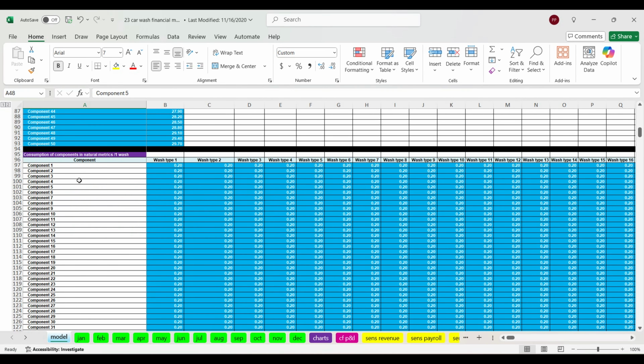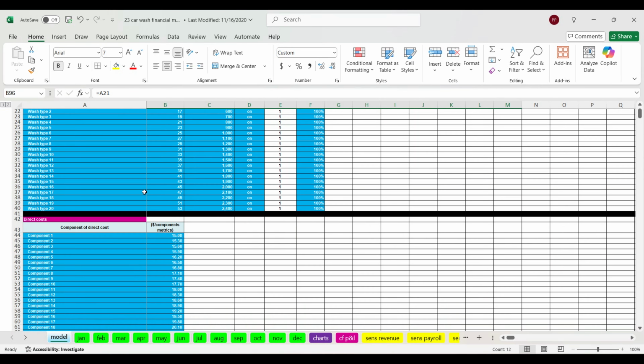Then we are moving to the consumption of these components. So here from top to bottom we have the list of components, liquid detergents and so on, and from left to right we have the different types of car wash services that we perform.